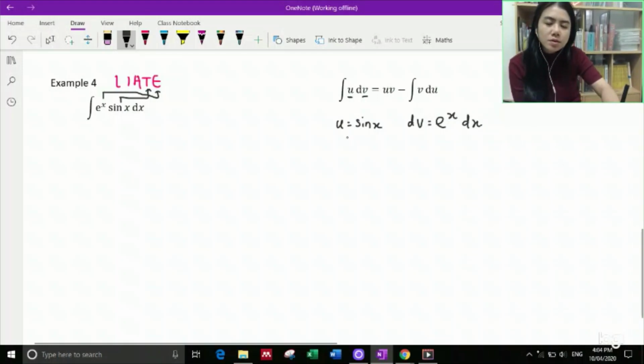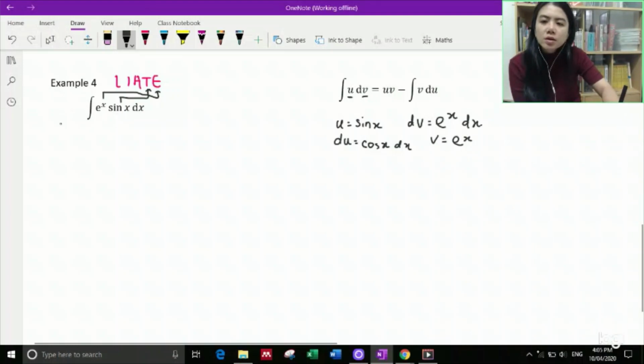For the left hand side, we'll do the differentiation. So we have du here, and we have cos x here. When you differentiate, don't forget to write the dx for the right hand side. When you have du, you must have dx. For the right hand side, we're going to do the integration. So integrate this one, we have v, and you have dx.